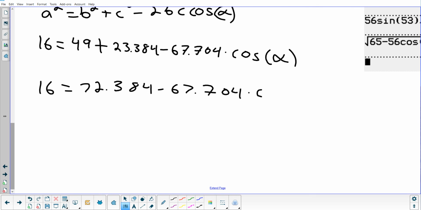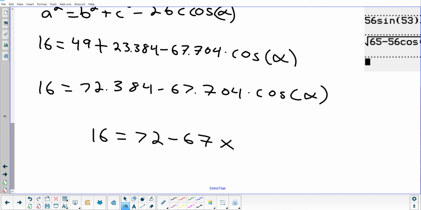Now, you cannot subtract 72 minus 67.704. Can't do that. And if you're not sure why, then just think of it this way. This equation I'm writing right now is basically the same problem. 16 equals 72 minus 67x.